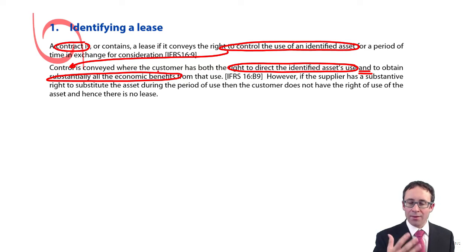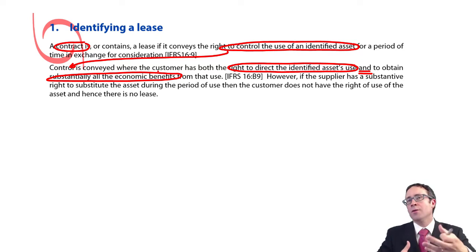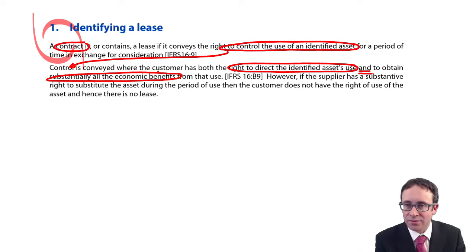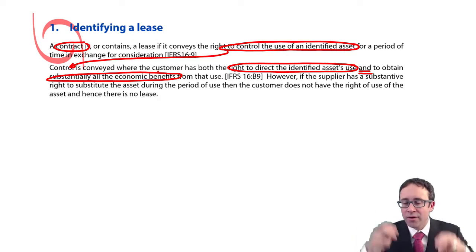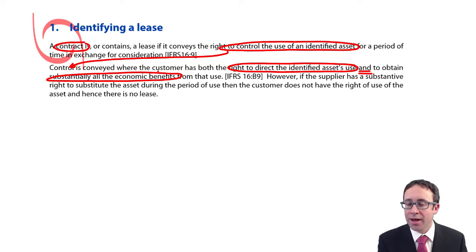It can't say lessor, however, because we're trying to identify if there is a lease. We can't talk about lessee and lessor until we've identified the lease. So think of the lessor, in inverted commas, as the supplier. If the supplier, the person who owns the asset, has a substantive right to substitute the asset, then you do not have the right of use and therefore there is no lease.